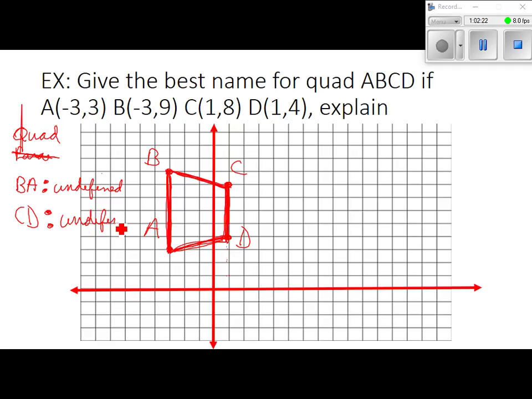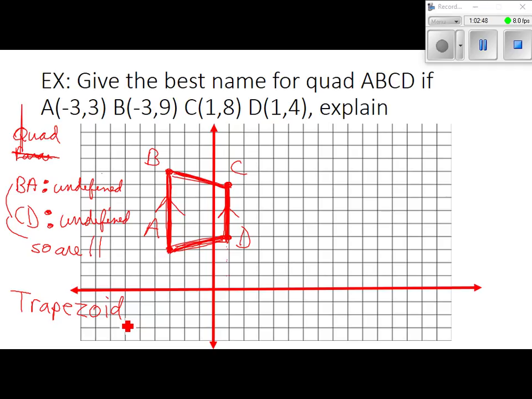Well, if both of those are vertical, then that tells us that they are parallel to each other. So I'm going to write that down here. So those are parallel, and if those 2 are parallel and the other 2 are not parallel, then that tells us that this shape is a trapezoid. So we know it's a trapezoid.